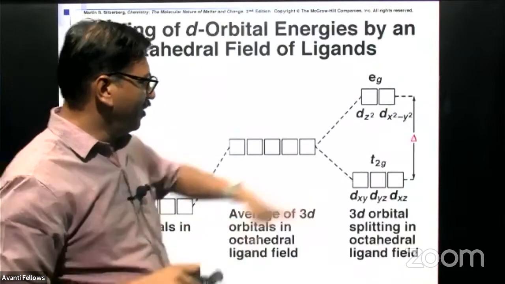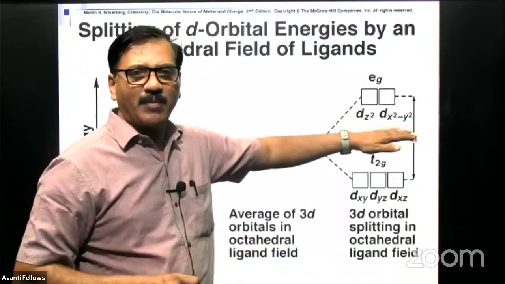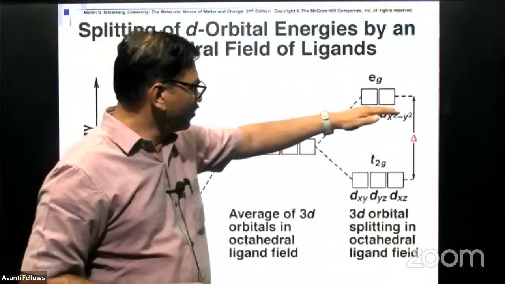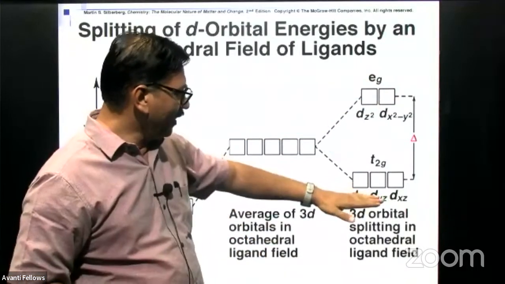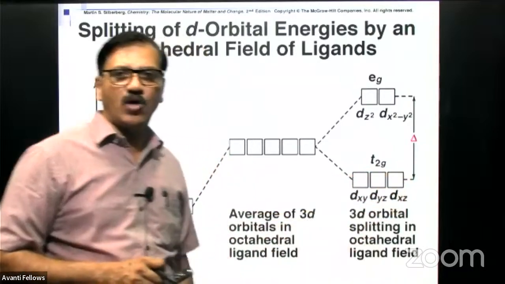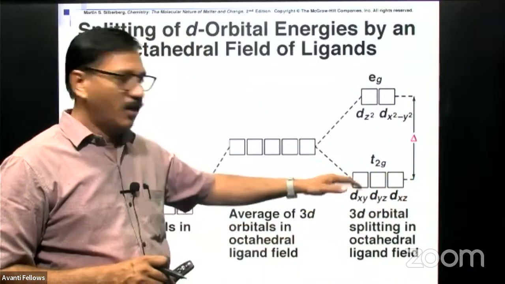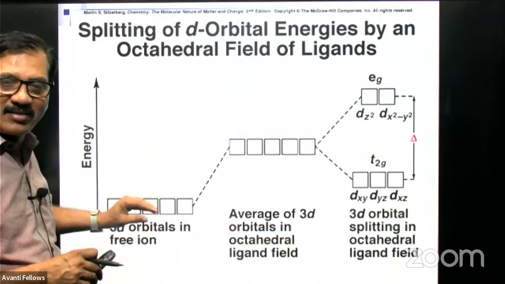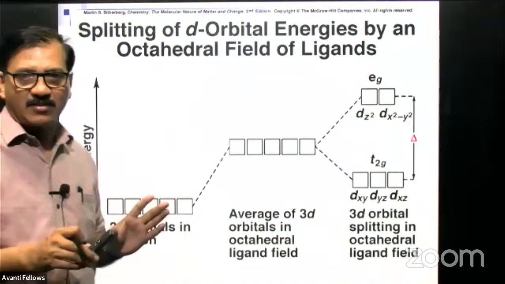Due to this, dz square and dx square minus y square are more disturbed and have more energy, and this is called the eg set. And dxy, dyz and dxz, these 3 orbitals, have less energy, but the average energy is almost more than the energy they possessed before the approach of ligands.